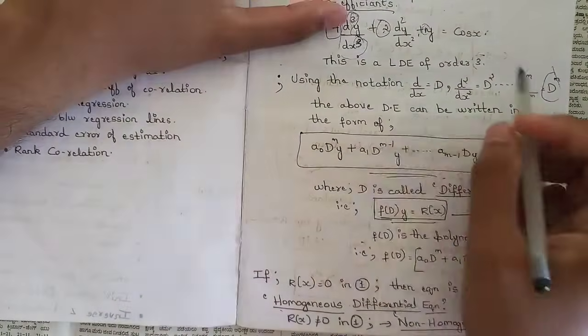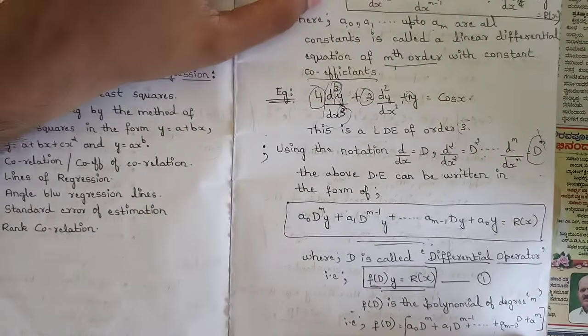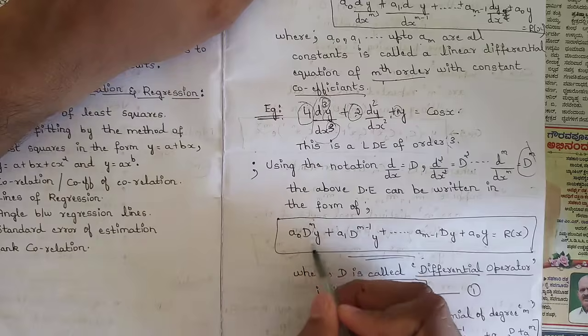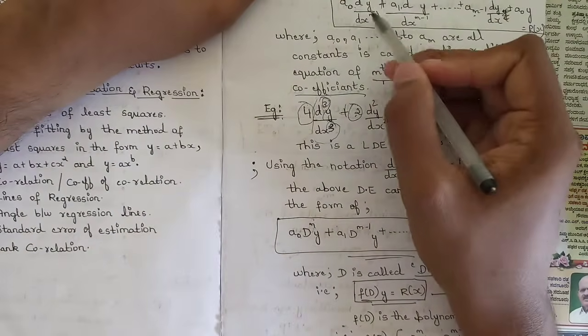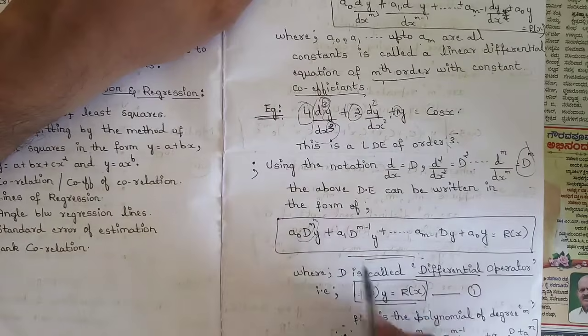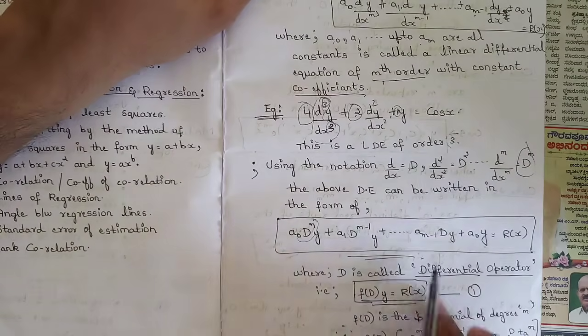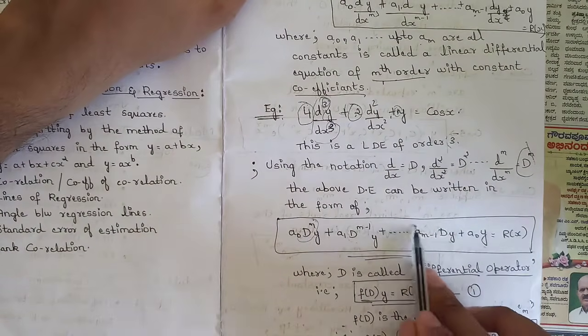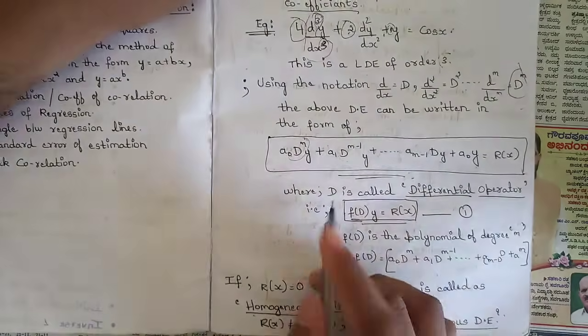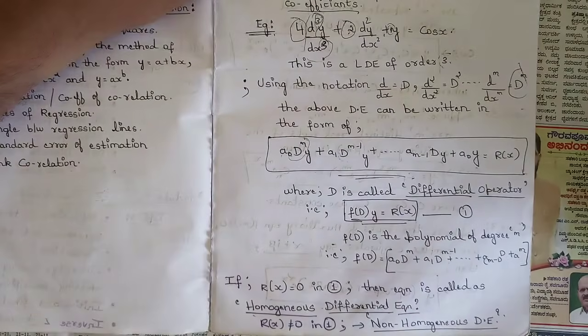So the above differential equation would be represented in the form like this. Wherever there is d^n/dx^n, that is replaced here by capital letter D^n, D^(n-1), up to a(n-1) D y, where the capital letter D is called the differential operator.